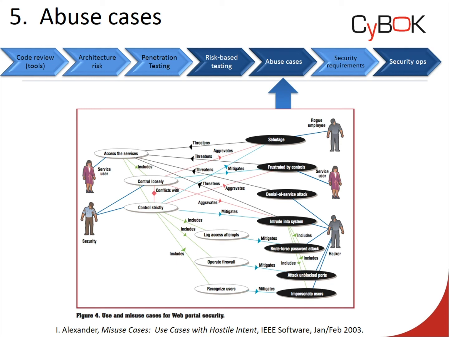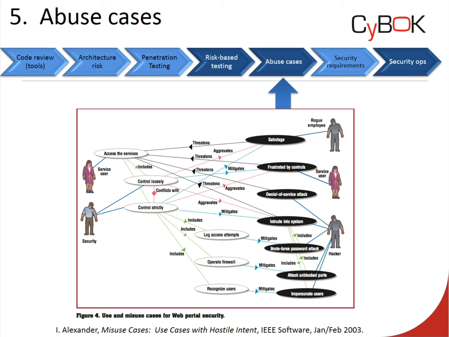When you develop abuse cases, you think about who are all the bad actors, who are all the people who actually want to break into the system, and what do they want to do. Those are the abuse cases in the black circle.